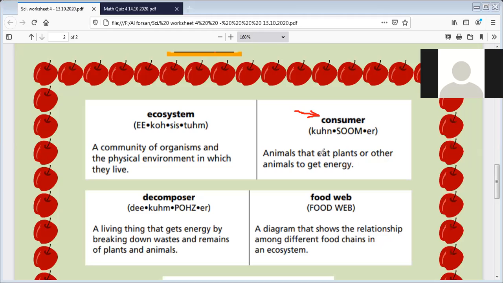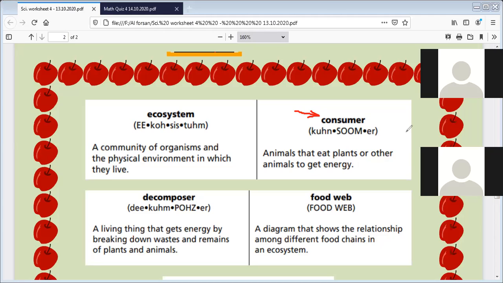Yeah. So what is the difference between consumer and producer? Do you know the difference between them? No. Okay. Abdullah Ali, what is the difference between consumer and producer? Animals that eat plants or other animals to get energy.